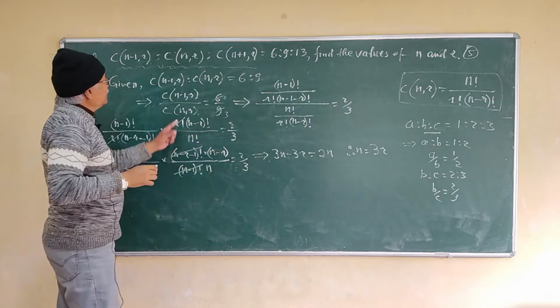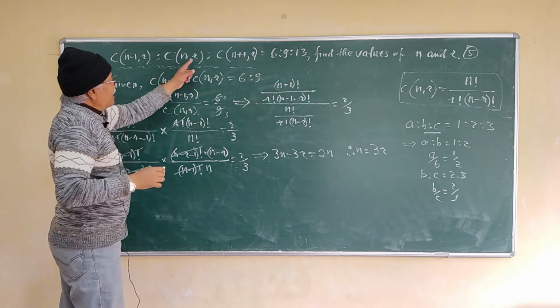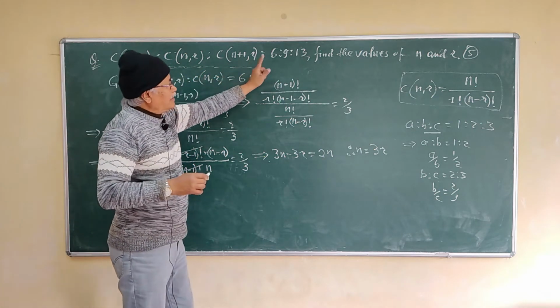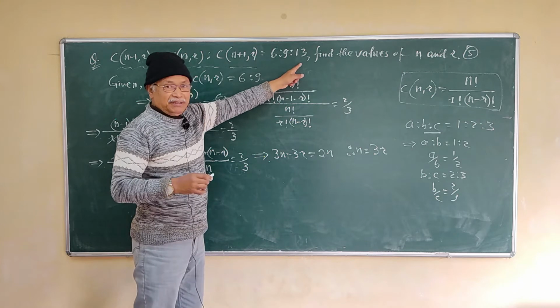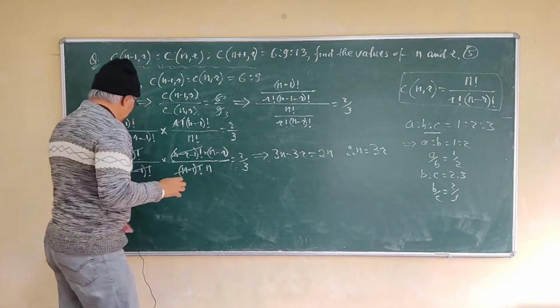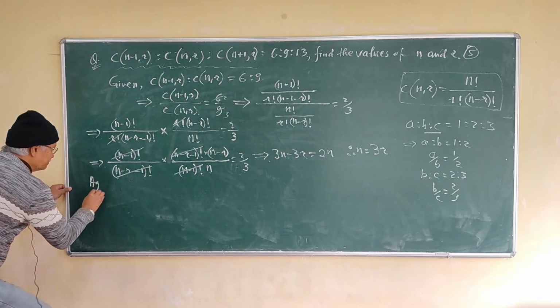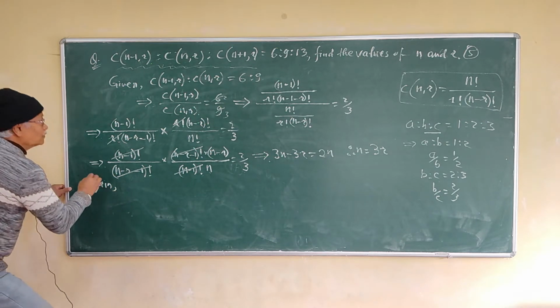This one, that is Cnr is to Cn plus 1r will give you 9:13. So again, what do we have?